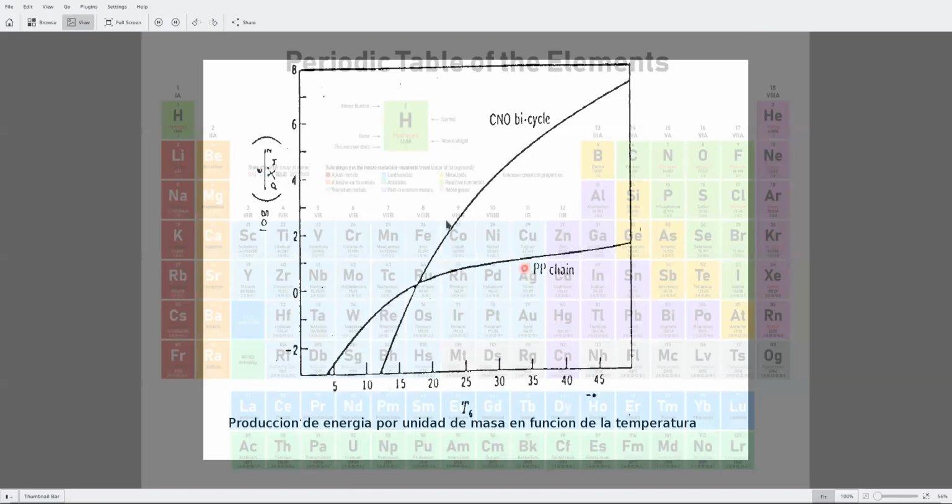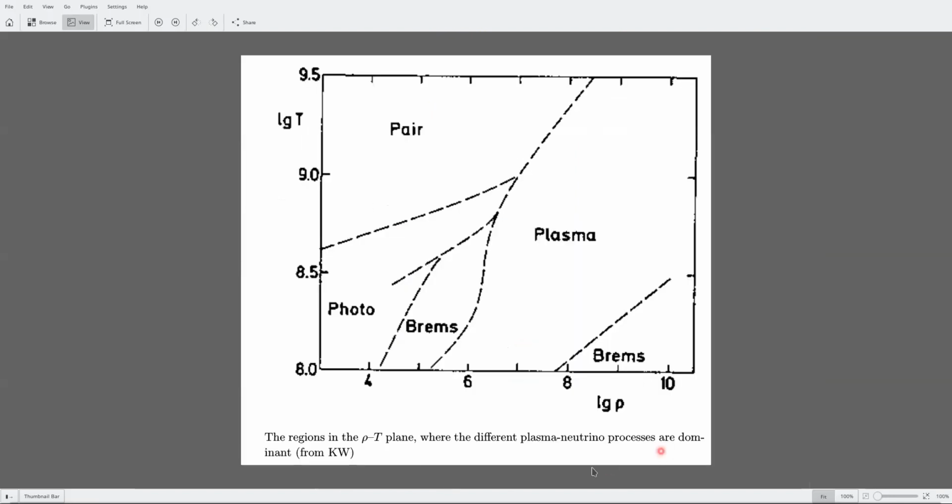Okay, this just shows the plasma neutrino process, which is more important in the part that is really high temperature and maybe also high density. The main processes are pair production and the interaction with the plasma.